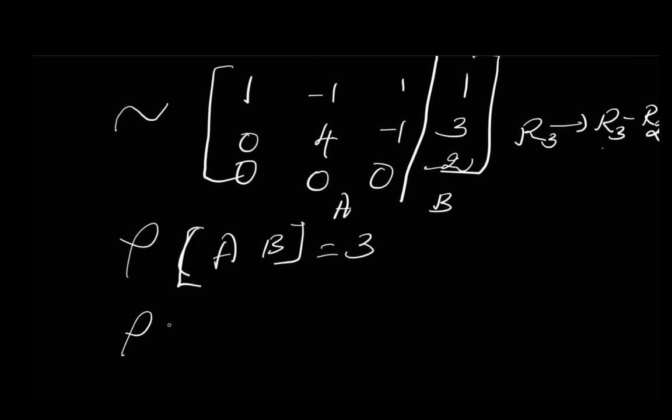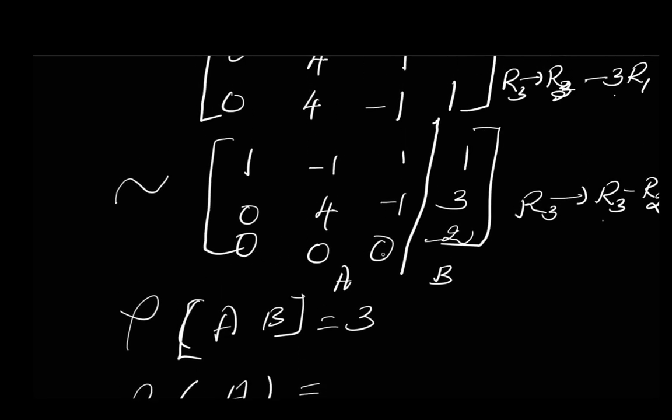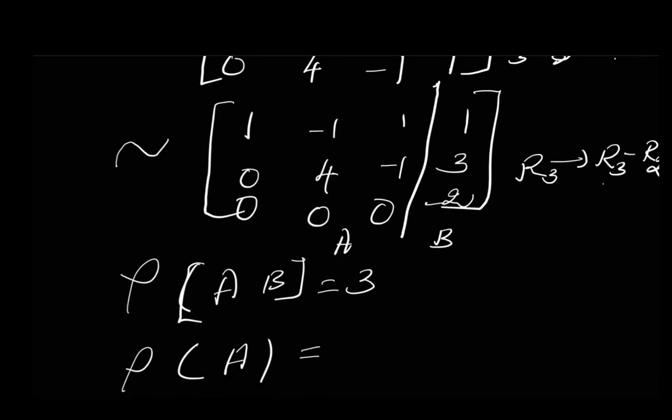And come to rank of A. This is a 3 by 3 matrix. Look at the rows. See the last row, all the entries are 0. So first row has a non-zero element, second row has a non-zero element. At least one element should be non-zero. So in that case, it has only 2 rows. The third one, all the entries are 0. So rank of A is 2.